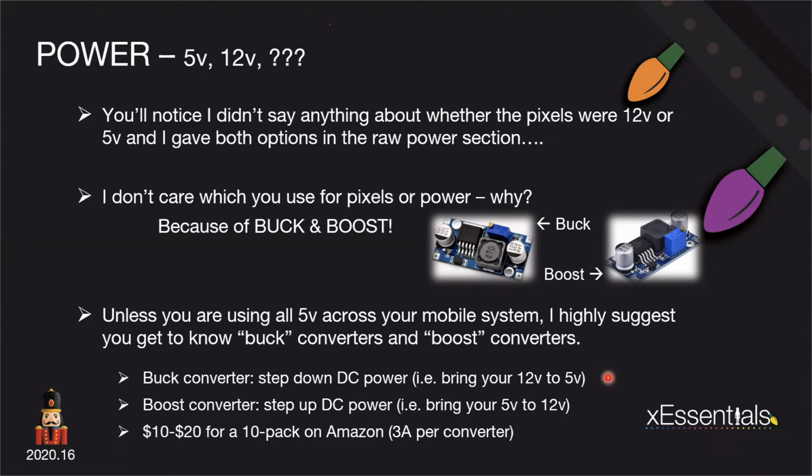I also have house lights. The numbers on my house are actually a prop. They're lit up, and those are used with the 12 volt modules. I use a boost converter from my 5-volt power supply to bring it up to 12 volts for my lighted house numbers. So it's something that can help you with mobile props or with your static display in your home.